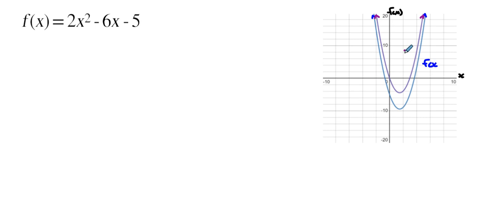I'm going to call this new function n of x. You can call it whatever you want. I'm calling it n for new. And it's going to be just 2x squared minus 6x. Again, it's removed that c value and forced it to have a y-intercept of 0.